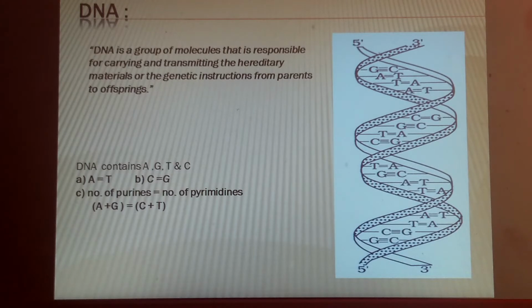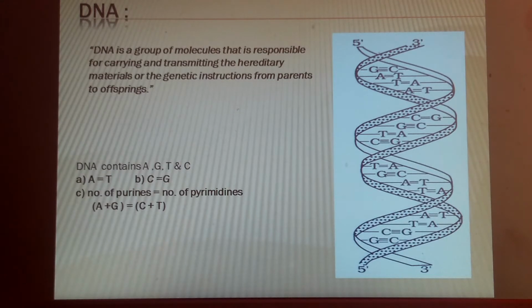This double helical structure was given by Crick and Wilkins, based upon X-ray studies. For that structure they shared the Nobel Prize.